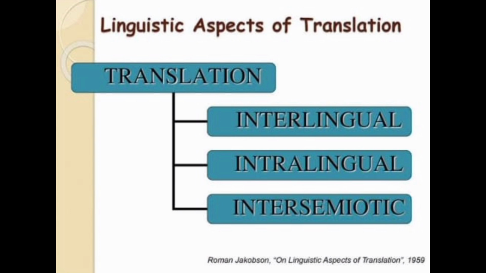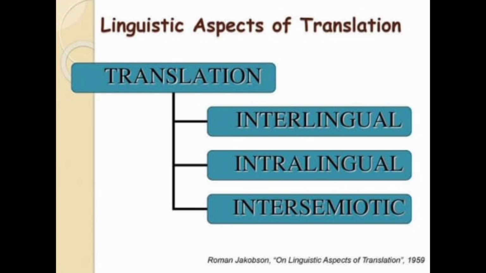For example, Macbeth by William Shakespeare has been made into a movie also. This is transmutation, in which the medium has changed. From a play it has been converted into a movie. But both of them convey the same message, right? So this is what intersemiotic translation is.